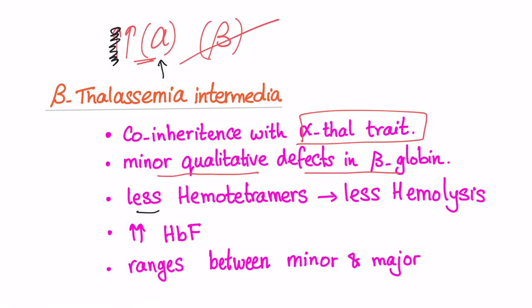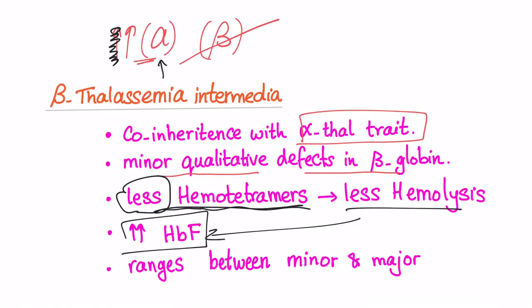I cannot produce as many hemotetramers, so there are fewer hemotetramers than in beta thalassemia major. There is less hemolysis, and of course hemoglobin F will increase since you don't have beta. What will happen? Gamma chains will form when you have alpha and gamma. This is called hemoglobin F, the fetal hemoglobin.